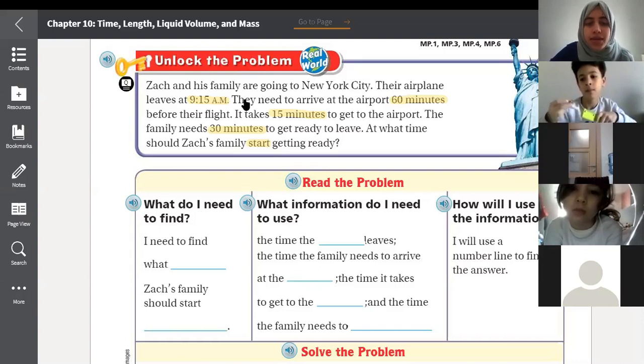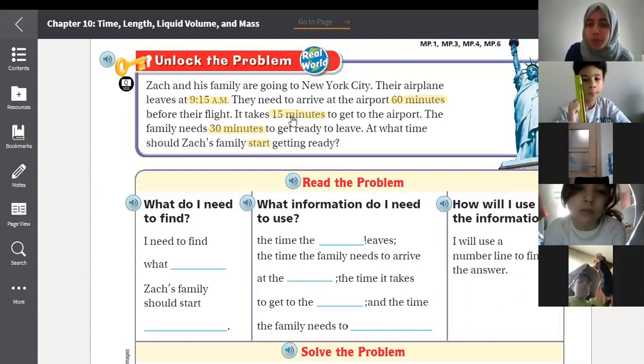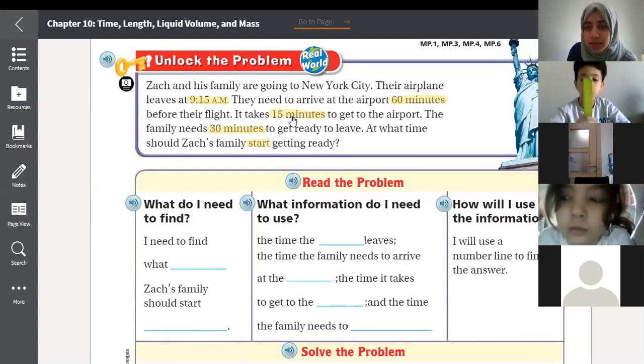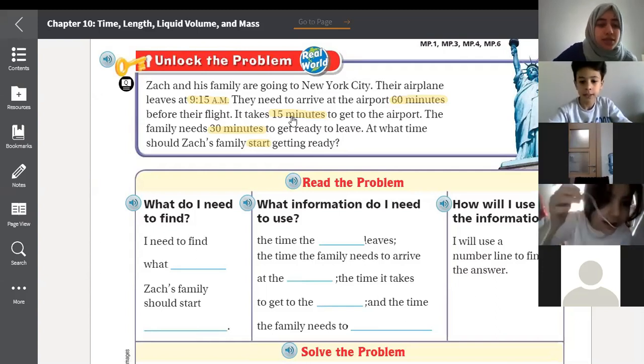So they need to arrive at the airport 60 minutes before the flight, so they're going to need to spend 60 minutes in the airport. And it takes them 15 minutes in the car to reach the airport. And they also need 30 minutes at home to get ready. So we are going to need to add all the elapsed time to find out how much time they need before they start getting ready.